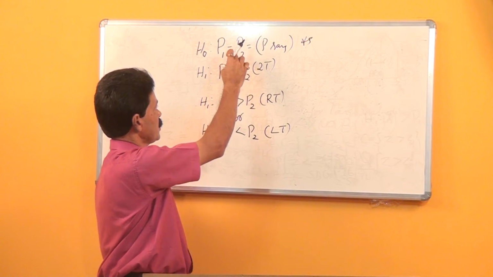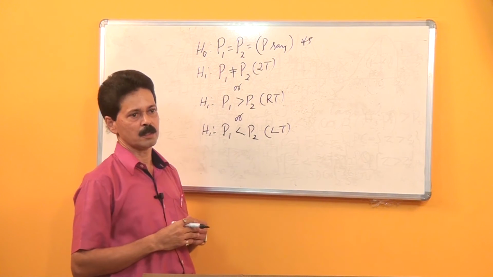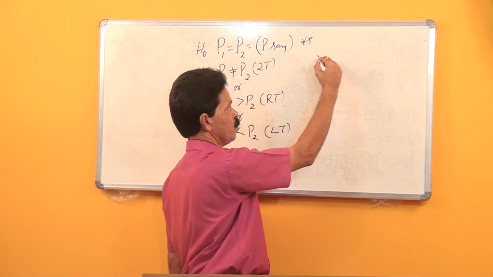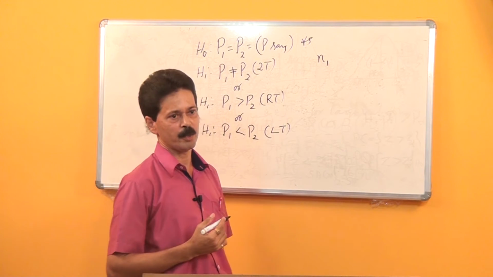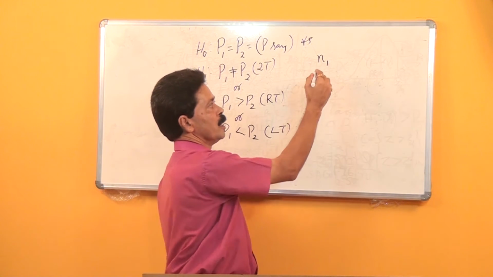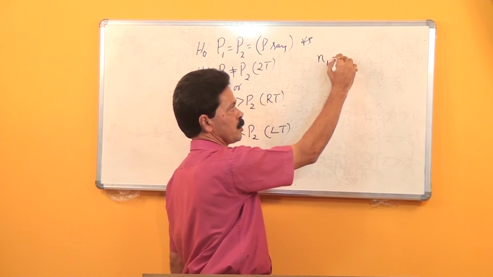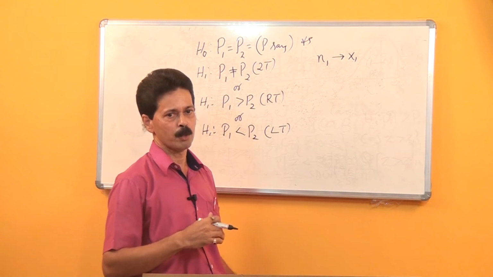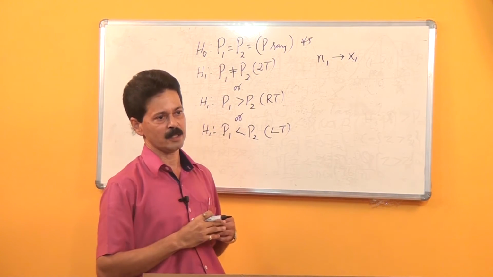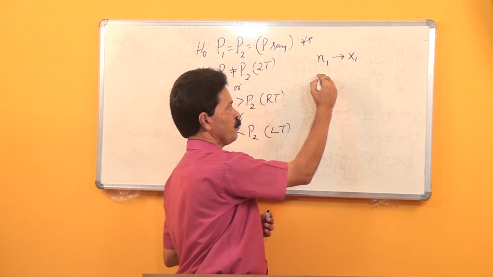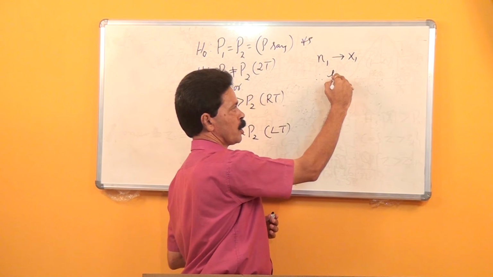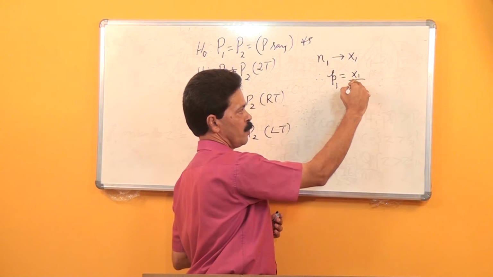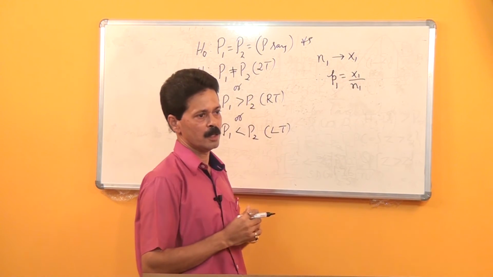In order to test the above hypothesis, we have to draw a random sample of size N1 from the first population. Among these N1 samples, some X1 individuals possess the particular characteristic. Therefore, the first sample proportion p1 equals X1 divided by N1.